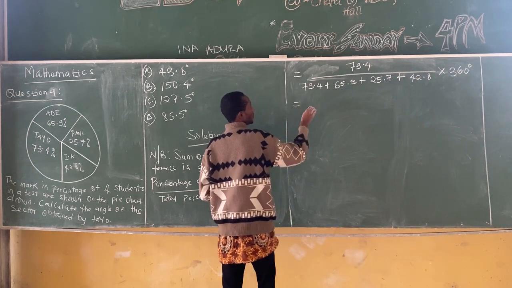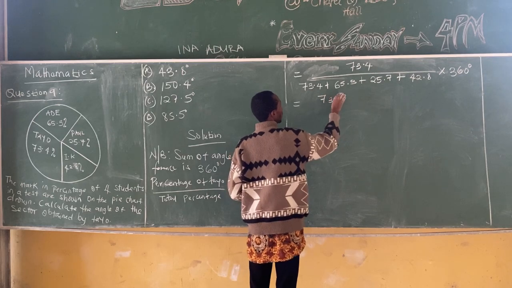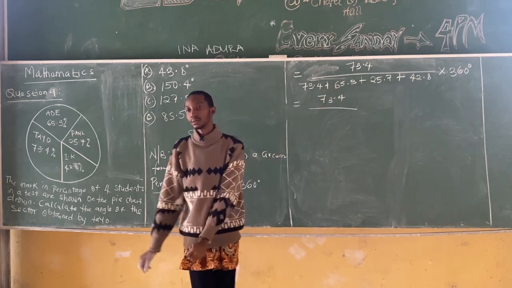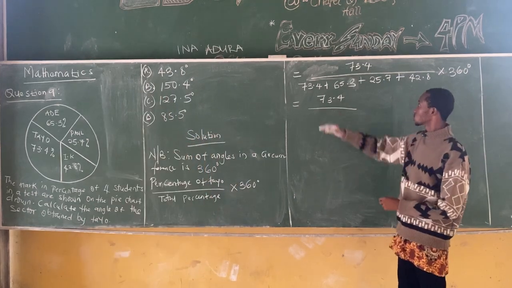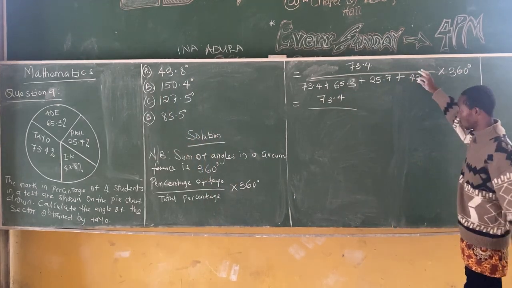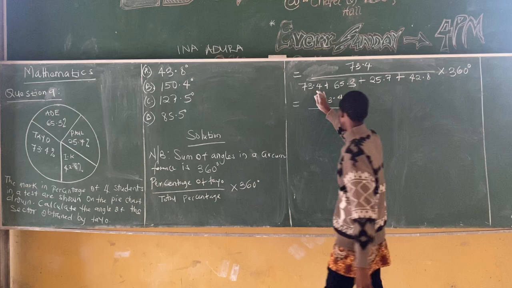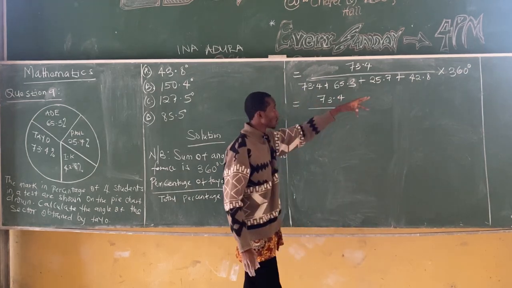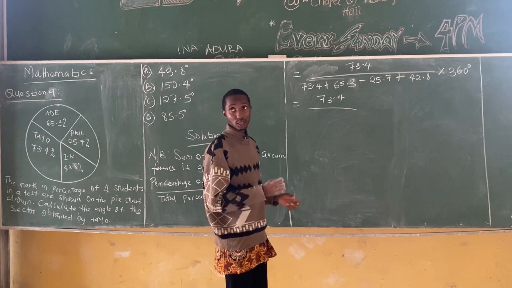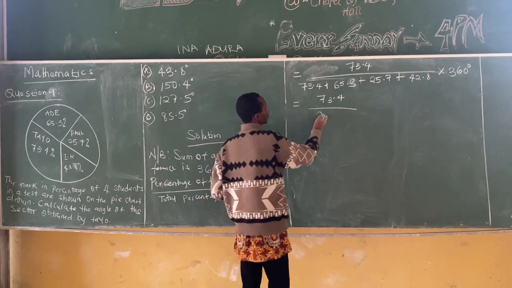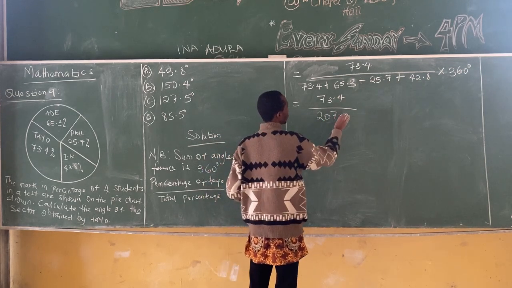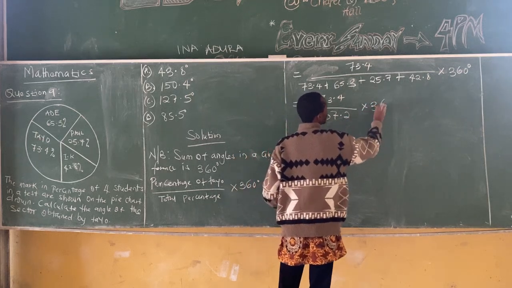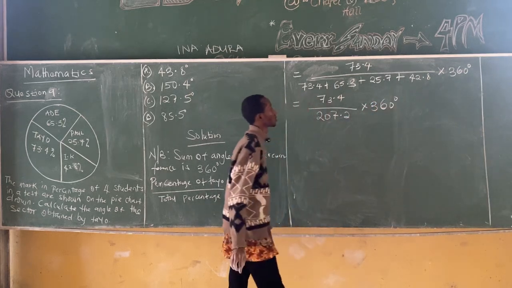Now this is the same thing as 73.4. Sum up all these things and tell me the final answer. Okay, when we sum up this denominator, we have 73.4 plus 65.3 plus 25.7 plus 42.8 is going to give us 207.2 times 360 degrees.